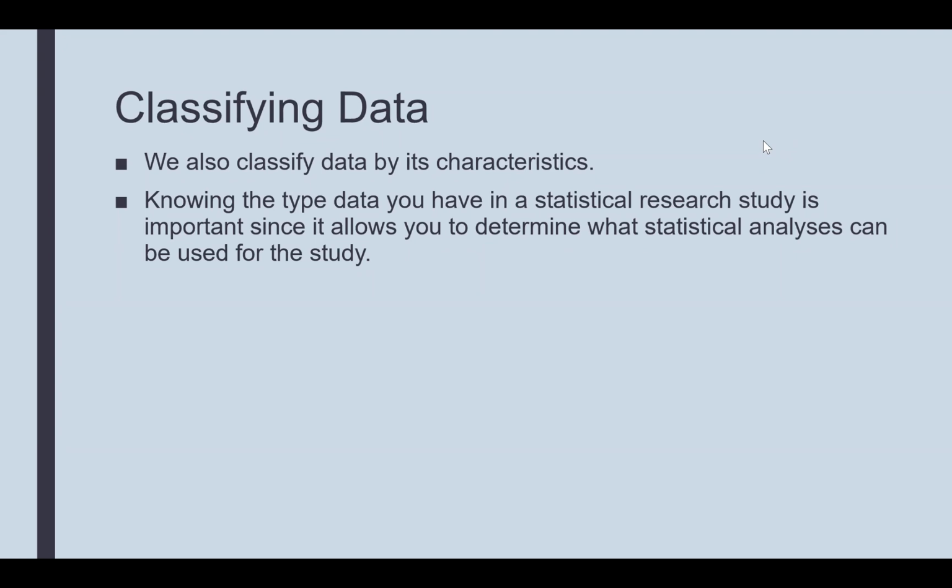So if you know you want to perform a particular test, and that test requires you to have numbers, then you need to pose your question in such a way that you're going to get a numeric response. So it's important from the beginning to know what type of data you have.